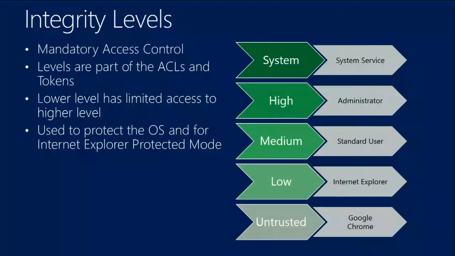You log on, the default for everything that you do and everything you create is the medium integrity level. But if you start running Internet Explorer and you browse the internet, you get a process with a low integrity level. Meaning that if Internet Explorer tries to make changes to your files, for instance, your files will have the medium integrity level, so Internet Explorer is not able to make changes to these files.